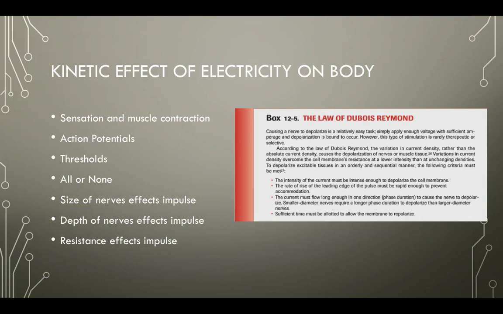The level of the muscular contraction has to do with the number of motor units stimulated, not necessarily the activity level on the nerve itself. And then once that action potential happens, until the nerve is repolarized, no new stimulation can happen, and it's what we call a refractory period.